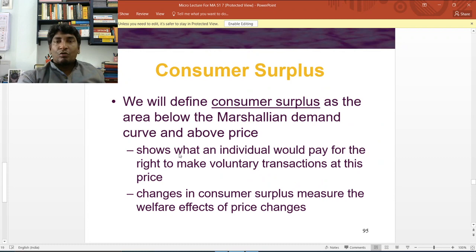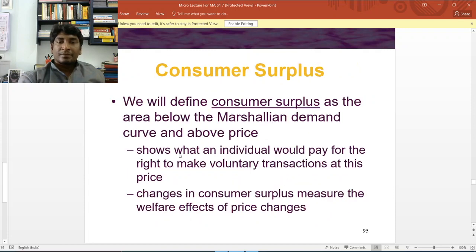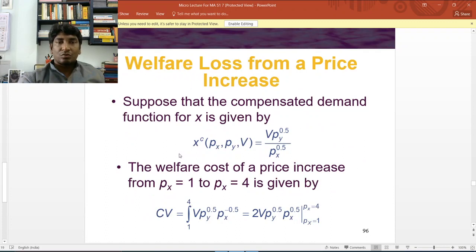So the demand curve and above show what an individual will pay for the right to make voluntary transactions at this price. Now the change in consumer surplus measures the welfare effect with respect to price changes. So we also have to understand the welfare loss from a price increase.